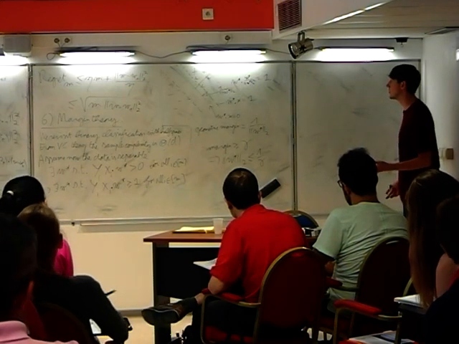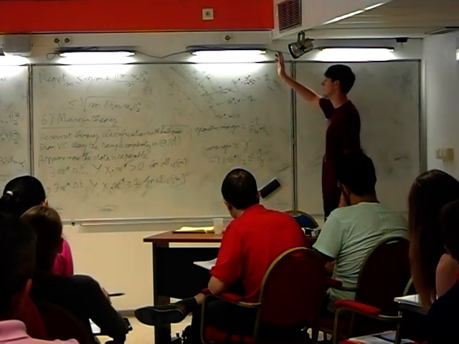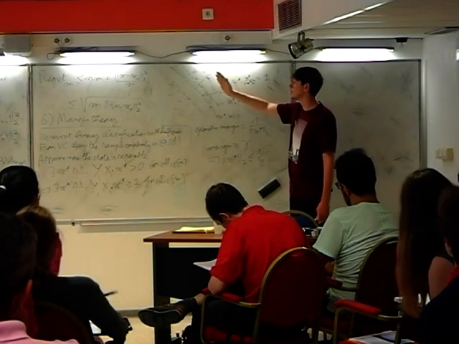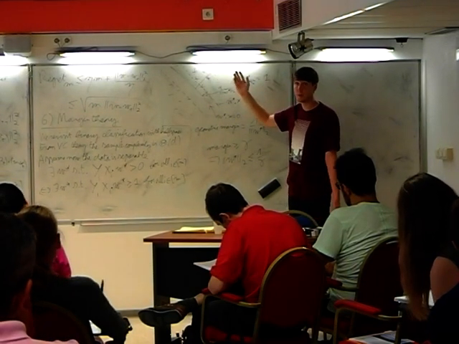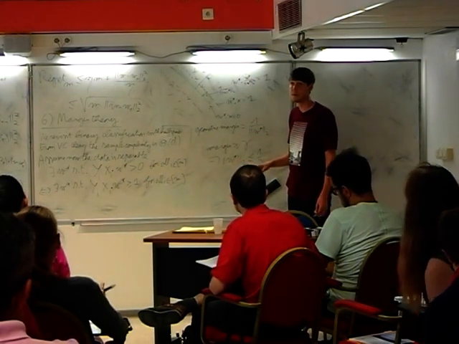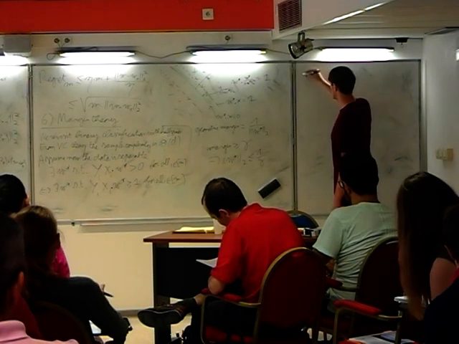This leads to a natural algorithm now. I have this data set and I'm trying to find a hyperplane. There are many hyperplanes that are going to classify correctly. Which one do I pick? Well, I'm going to pick the one which has the smallest Euclidean norm. It's a natural algorithm.